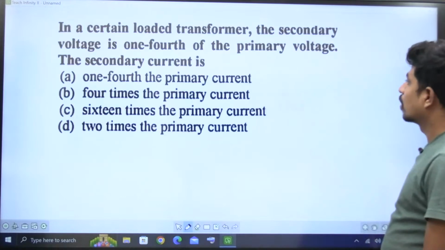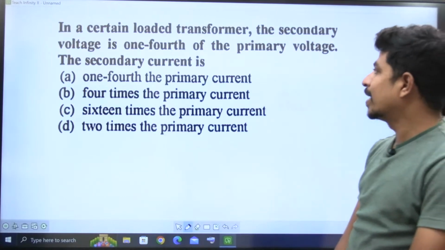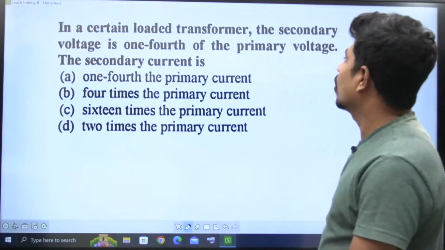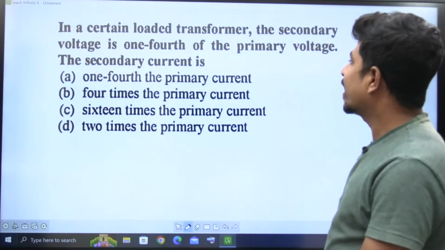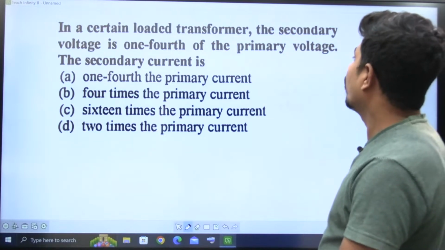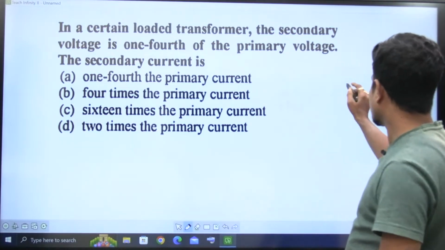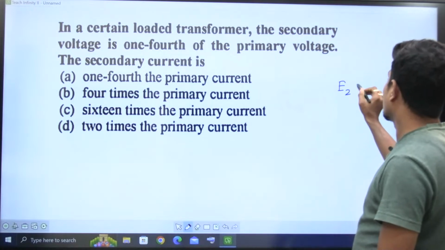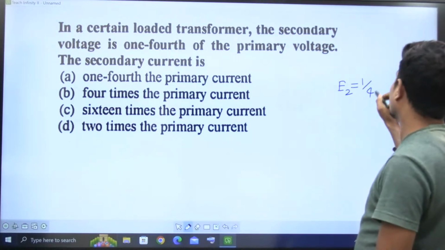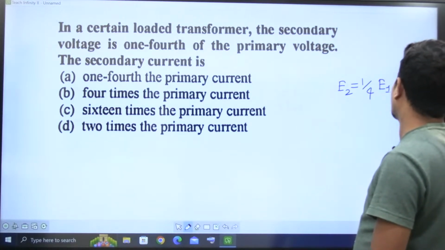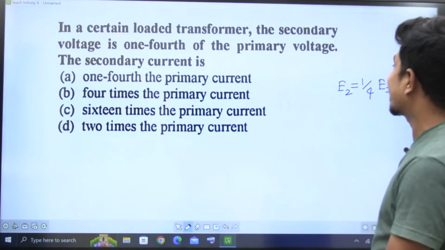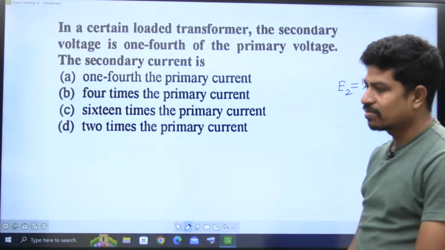Yes. Let's read this question. In a certain loaded transformer, the secondary voltage is 1/4 of the primary voltage, meaning E2 is 1 by 4 of E1. The secondary current is, very simple question.